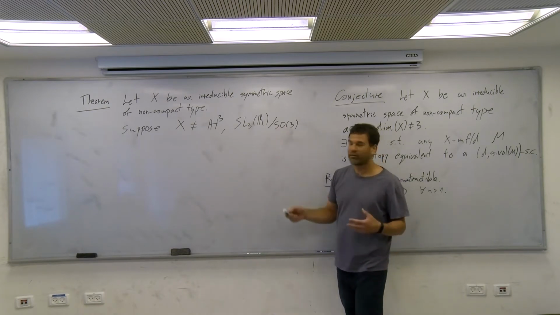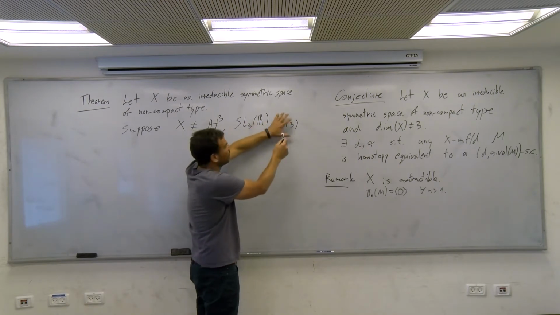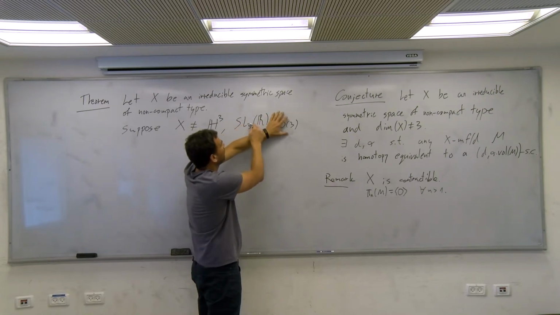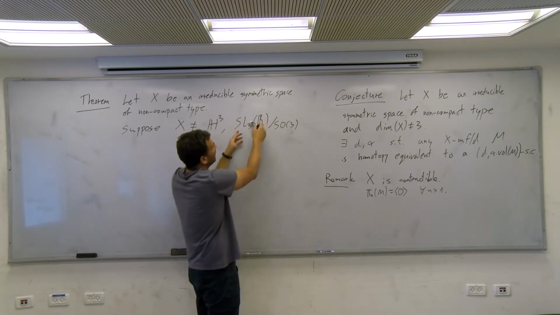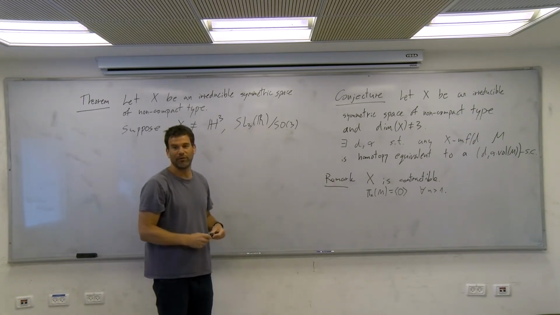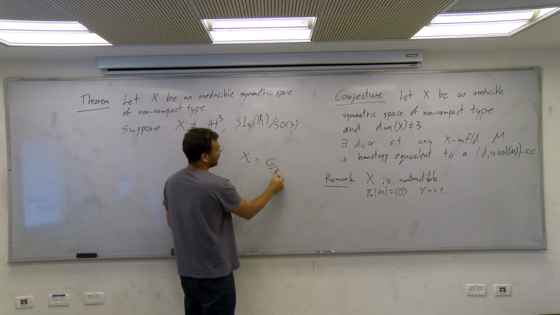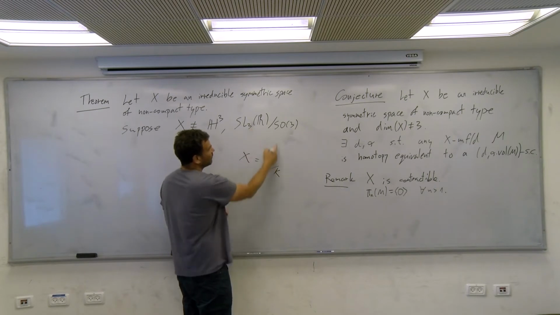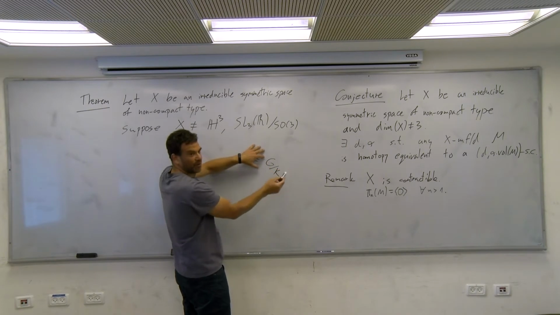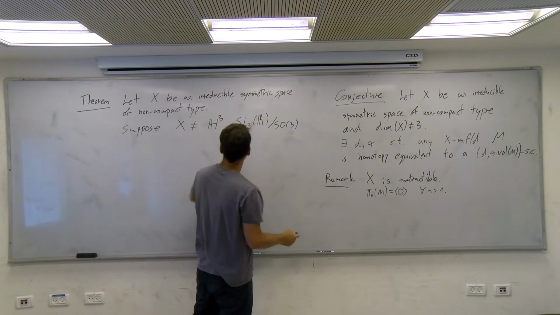This group is the isometry group of a 5-dimensional symmetric space; SO(3) fixes a point and SL3(R) acts transitively, so you can identify the symmetric space with this quotient. It's a common thing to do in this theory to write a symmetric space as G mod K, where G is a semisimple Lie group and K is a compact subgroup. So I assume that X is not this symmetric space.